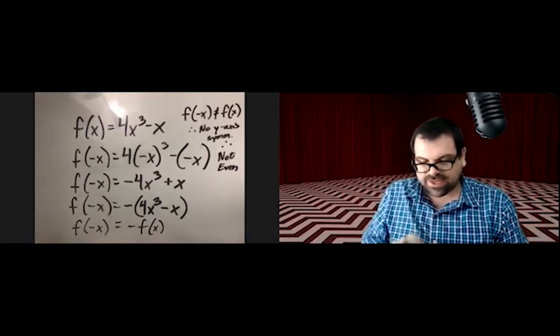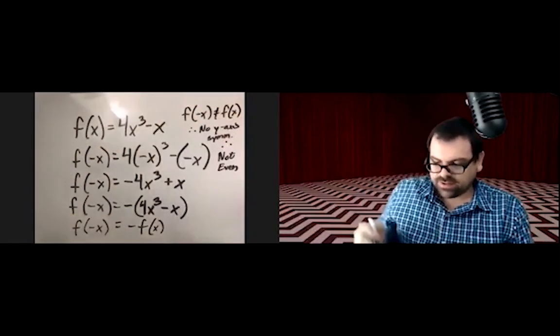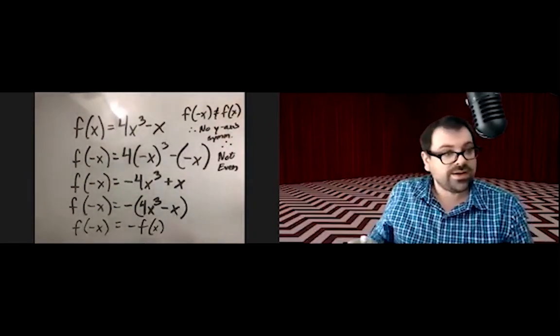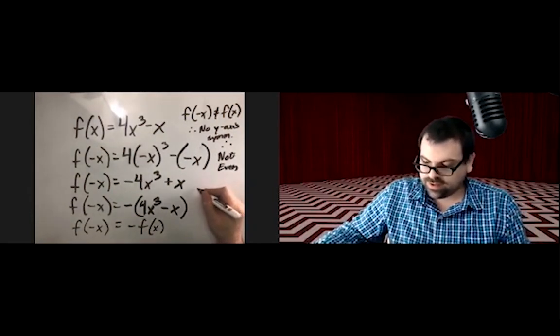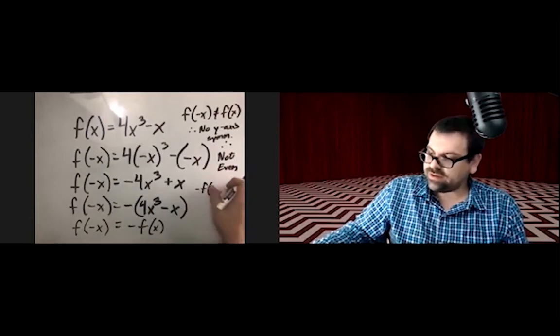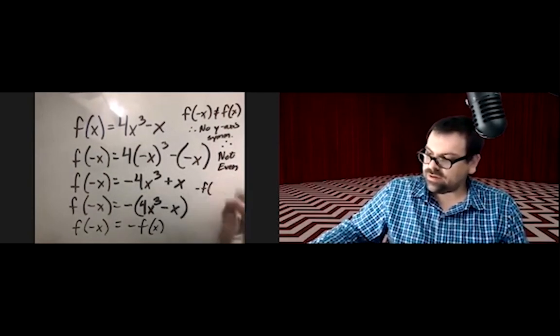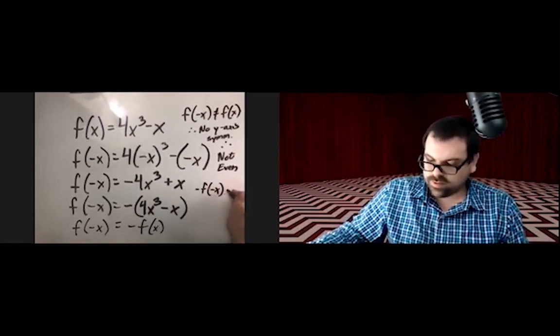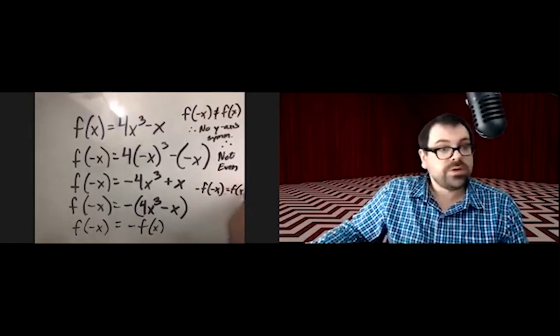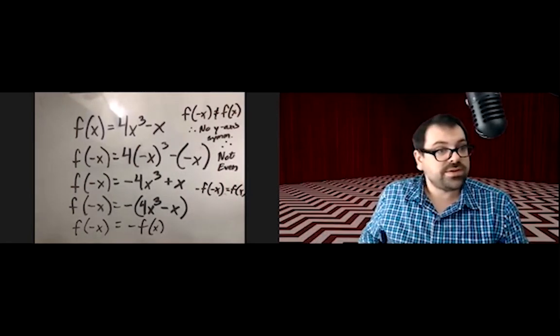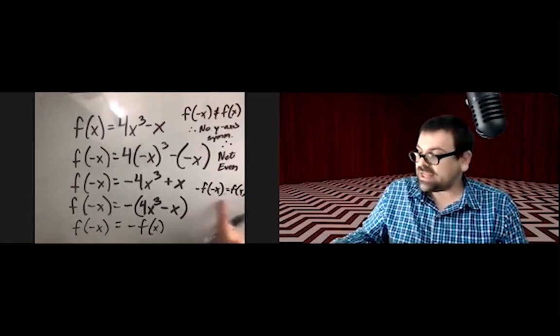And that means if I take the opposite of both sides, looky here, that's my negative f of negative x equals f of x. If I take the opposite of both sides, that's my definition.